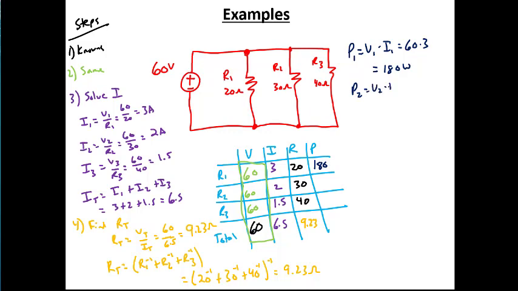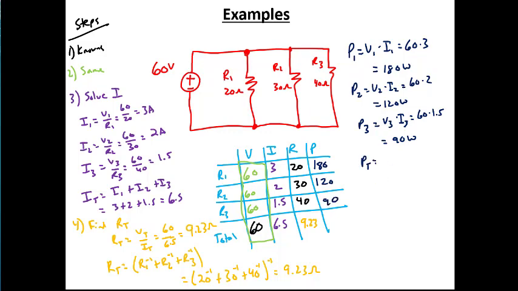P2 is V2 times I2. So that's going to be 60 times 2. So that's 120 watts. P3 is V3 times I3. And that's 60 times 1.5. And that's going to be 90 watts.